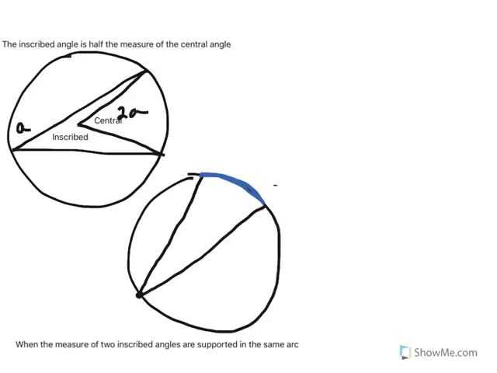Now let's draw our second inscribed angle over here, and this becomes the arc that it supports. So notice that they support the same arc. If you have two inscribed angles that support the same arc, their angle measures are congruent. Okay?